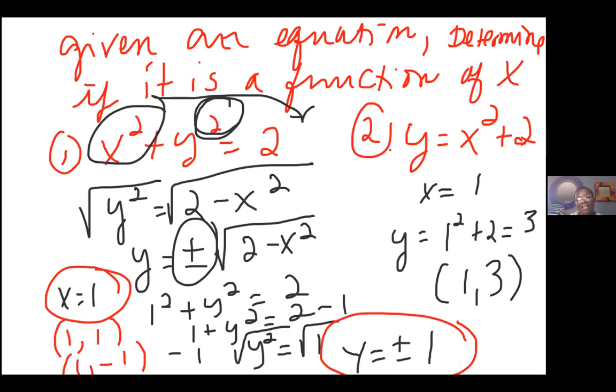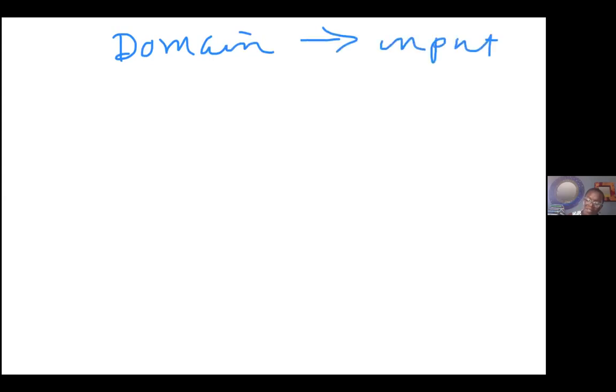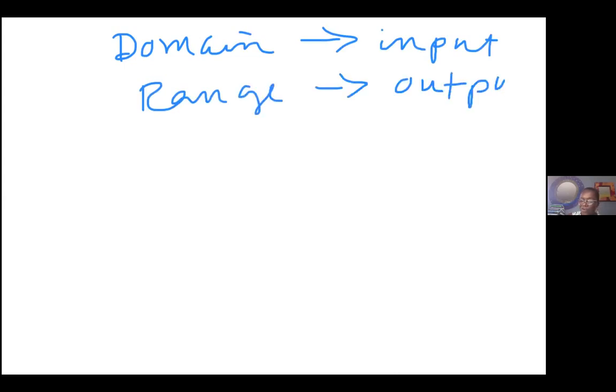So the domain, guys, is also referred to as the input, and then the range is also referred to as the output. Let me write this down for you guys. The domain is also referred to as the input, and then the range, of course, is referred to as the output. Now, again, guys, what I want you to notice is this.